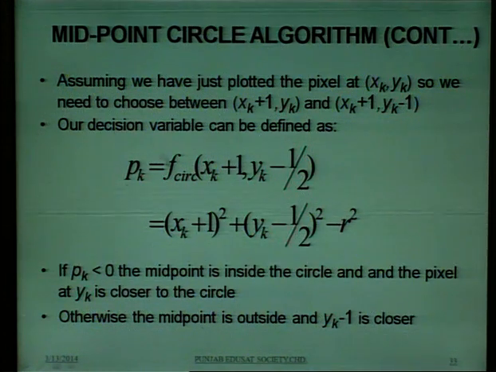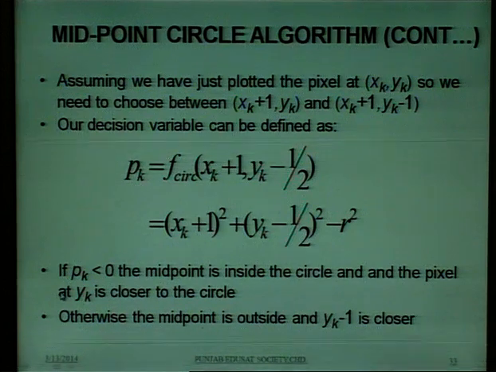This is the decision variable pk which decides whether the pixel will be lying closer to the boundary or away from the boundary. And if it is closer to the boundary, then the decision variable will choose that pixel.